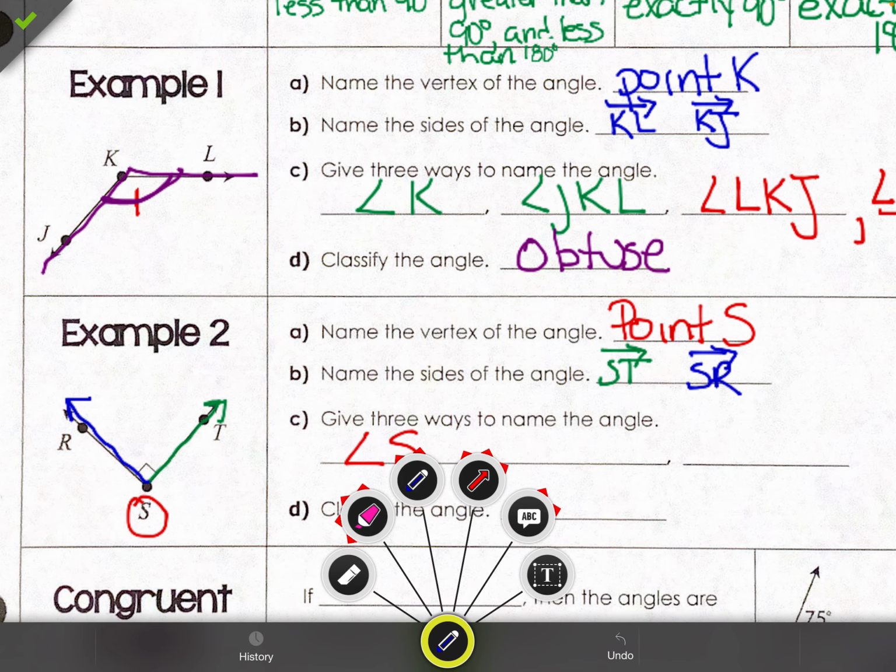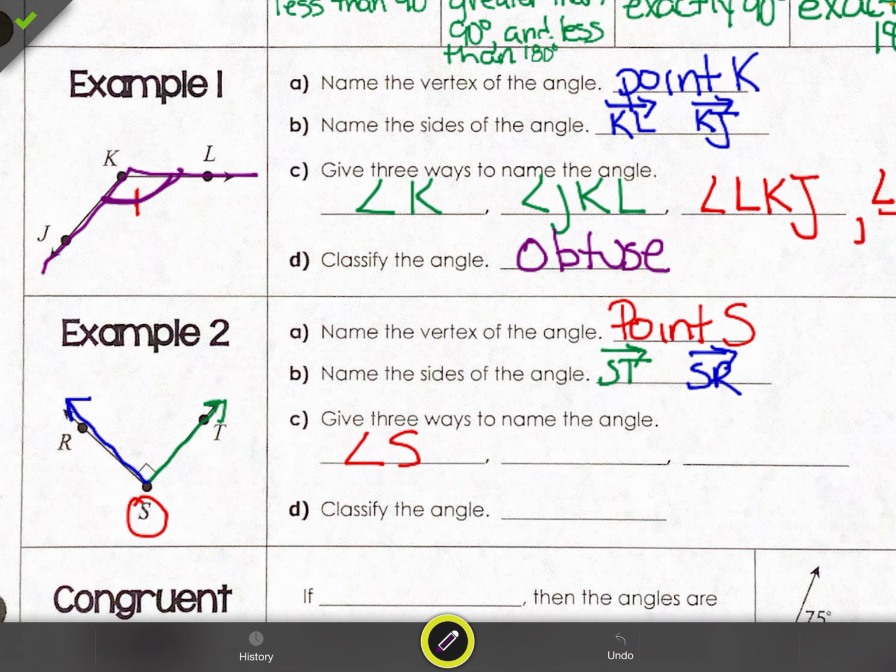So we could start at R, go down to S, go up to T. So we could say angle RST. Always verify, is your vertex the middle letter? Yes? Good, you wrote it right. Or we could reverse that. We could say TSR. Again, is your vertex the middle letter? Yes, good, you wrote it correctly.